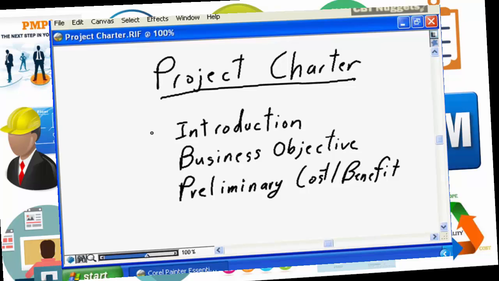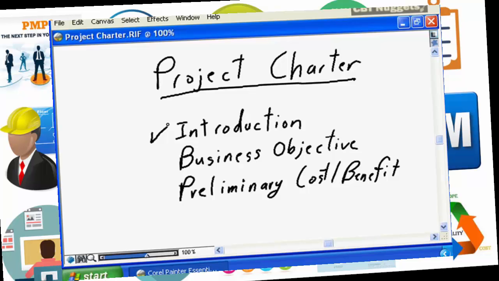So as with any formal deliverable, and this is a formal deliverable, we need to include an introduction, the high-level executive summary, if you want to use that terminology, describing what the project charter is all about. You need to recognize that the project charter is going to go very high in the organization. You need to spend significant time and attention crafting the project charter well.